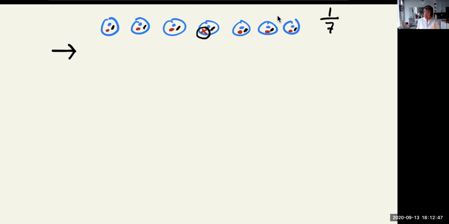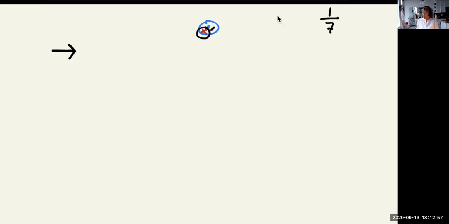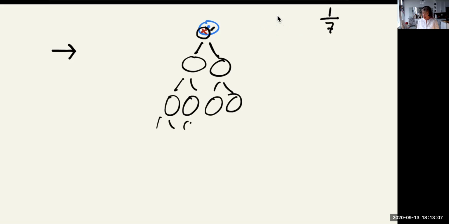Say this antibiotic eliminates all of these bacteria, but not this one. Bacteria reproduce at a phenomenally huge rate. So there we've got offspring, more offspring, more offspring.